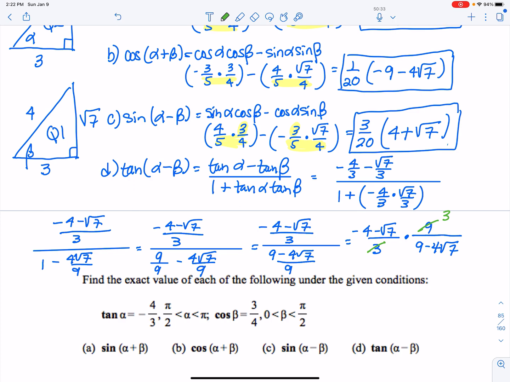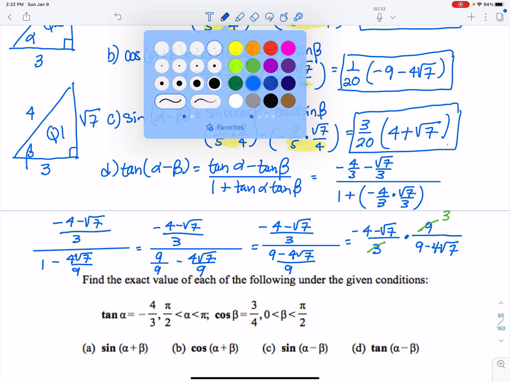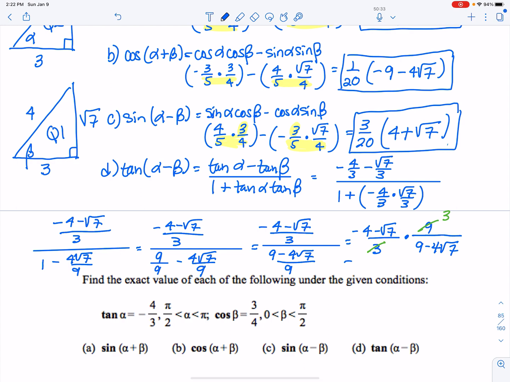So I have 3 times negative 4 minus radical 7. When you distribute that 3, you get negative 12 minus 3 radical 7. And that's going to be all over 9 minus 4 radical 7. And that's going to be your answer.